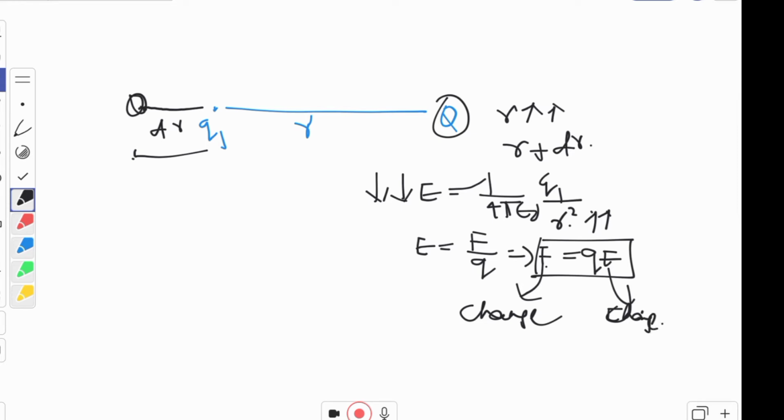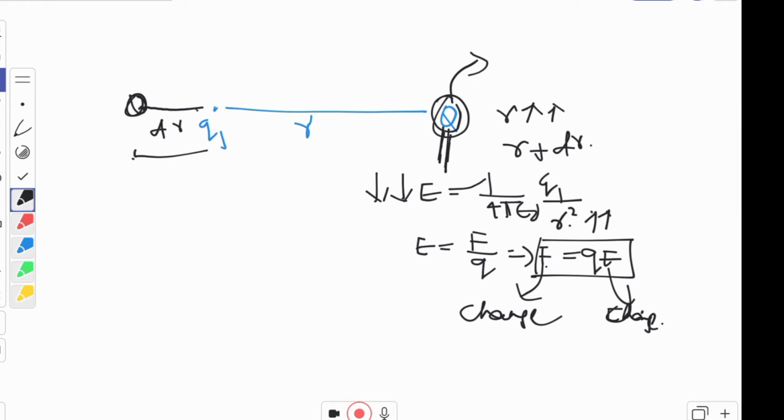So when we are moving this Q1 charge to this place, your force changes. This change in force will not be immediately felt by this Q. You can't see the change in force for this charge Q. Let us try to understand.